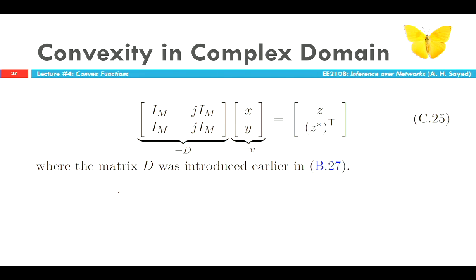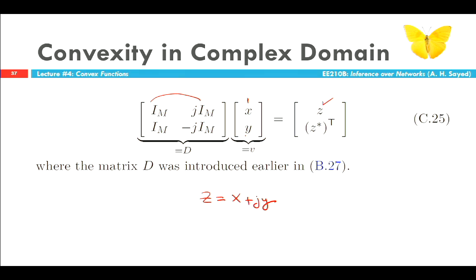First of all, remember I'm introducing Z. So Z is x plus jy. This is the map to go from x to Z and from Z to x. You see here, this matrix [I, jI] times (x, y) gives you Z, and [I, -jI] gives you Z star, and you transpose it, because Z star is a row, and transposed it becomes a column.